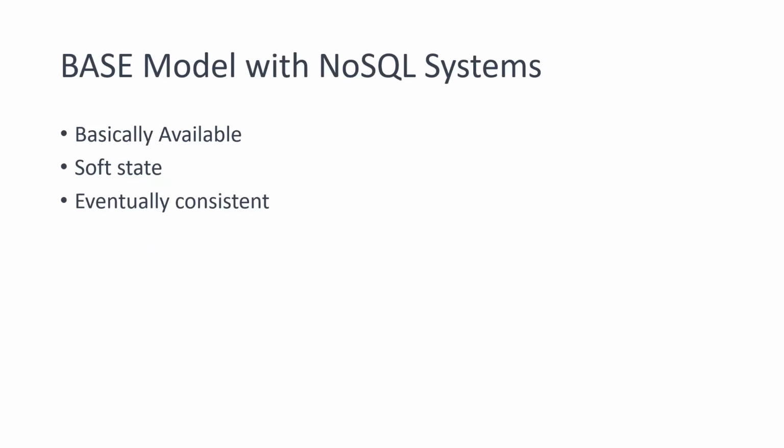And then the idea is it allows systems to provide what we call continuous service, even temporarily with some inconsistencies. The second one we talk about is soft state. That means NoSQL systems allow flexible or evolving schemas.